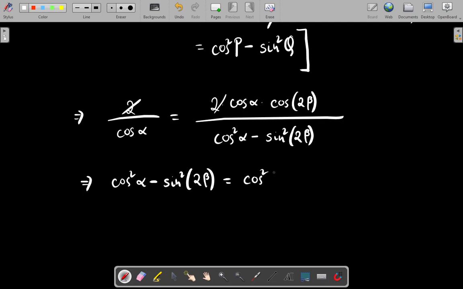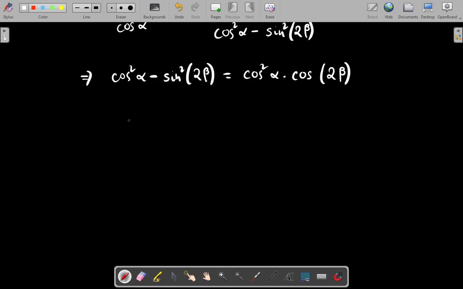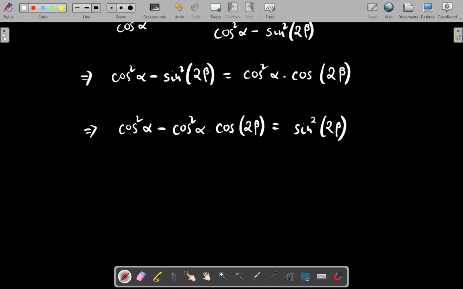This will give us cos square alpha times cos 2 beta. So if I take all the cos square alpha terms to one side, this becomes cos square alpha minus cos square alpha cos 2 beta, and the sine term goes to the other side, becoming sin square 2 beta.